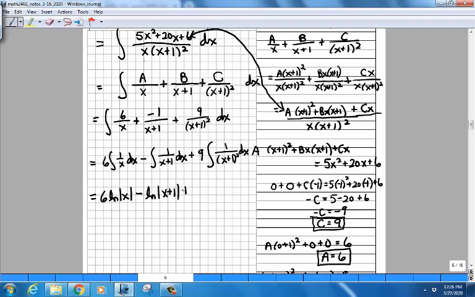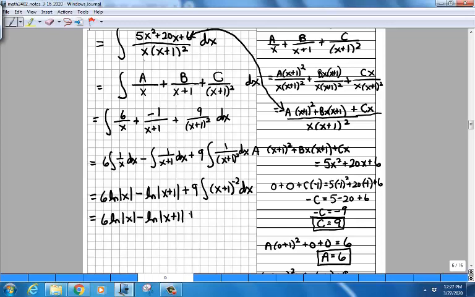Now, for this last antiderivative, I can't use natural log, because this is 1 over x plus 1 squared. But I can rewrite 1 over x plus 1 squared as x plus 1 to the minus 2 power. And now I can use the anti-power rule. So I have 6 times the natural log of x minus the natural log of x plus 1.